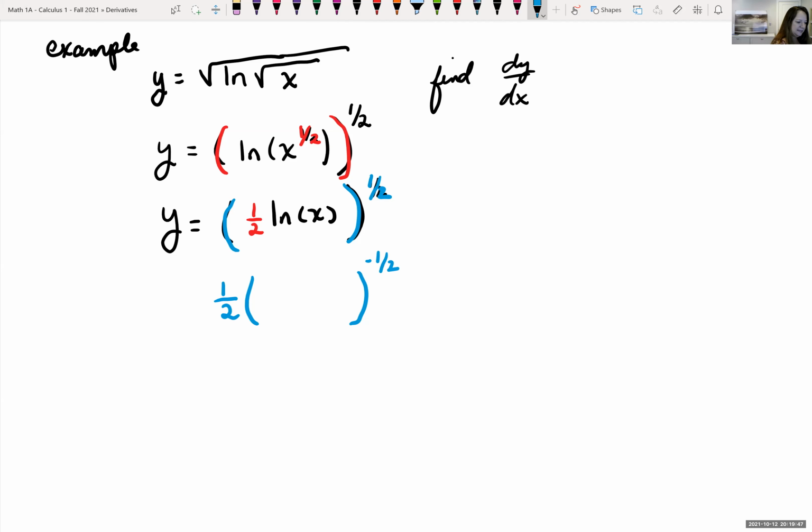I might leave that inside piece as the natural log of the square root of x in this part. But when I take the derivative of the inside, I have my 1/2. And then the derivative of natural log of x is just 1 over x.